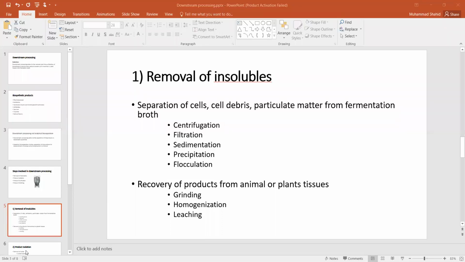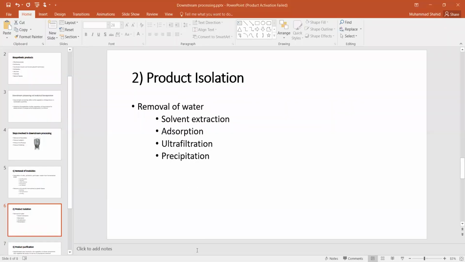Now we are going to the second step of the downstream processing. The second step is named product isolation. So it means that now we have removed the solid material. Now we have removed the cells or the debris or the particulate matter from the mixture, and now we are going to remove our product.